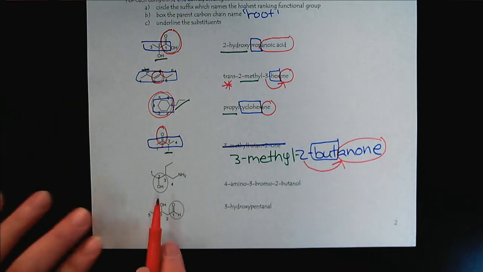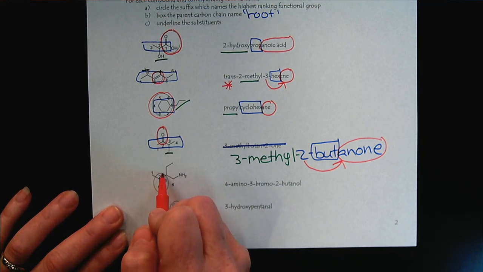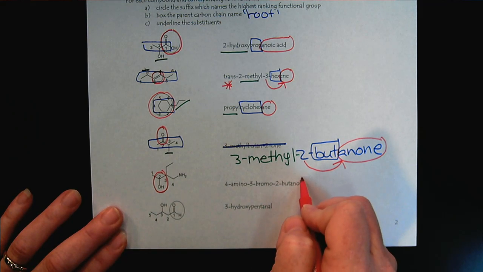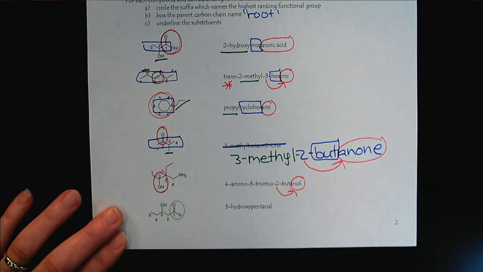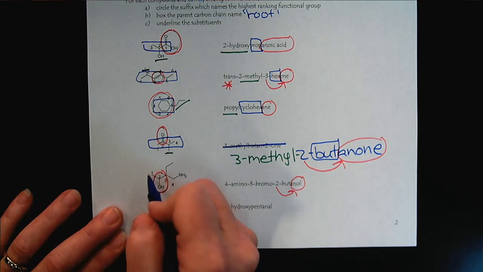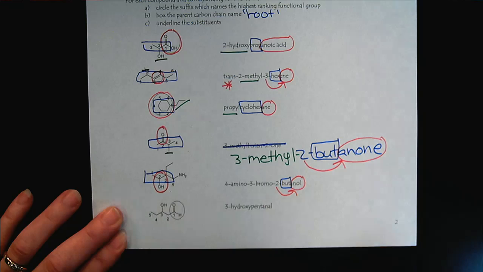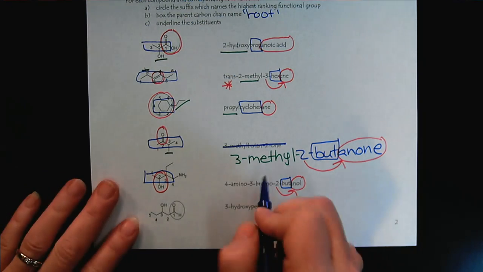So here we have an alcohol and an amine group. It's important to learn that alcohols have higher priority than amines. So here is our alcohol suffix with the locator. It's a 4-carbon chain or root. So there's the bute. And, oh dear, this shouldn't be bromo.